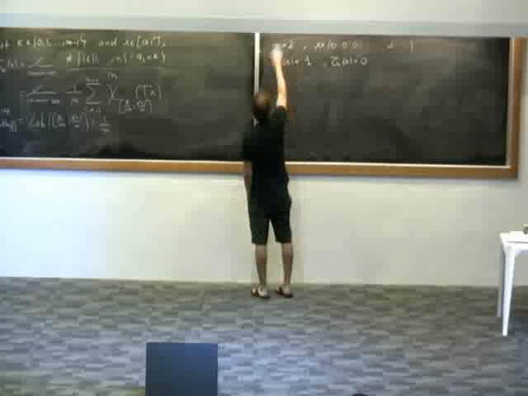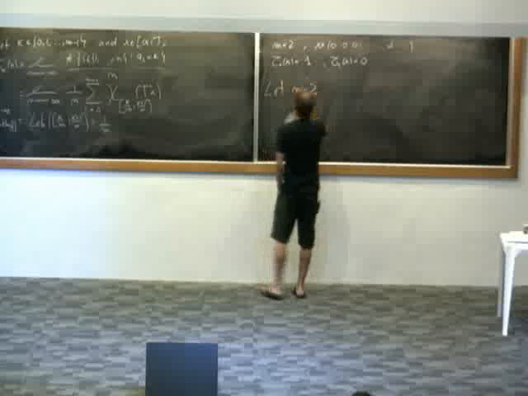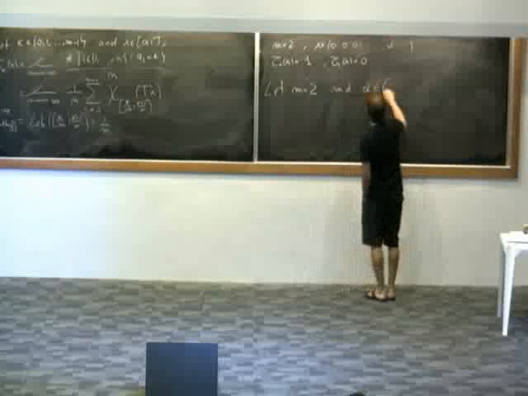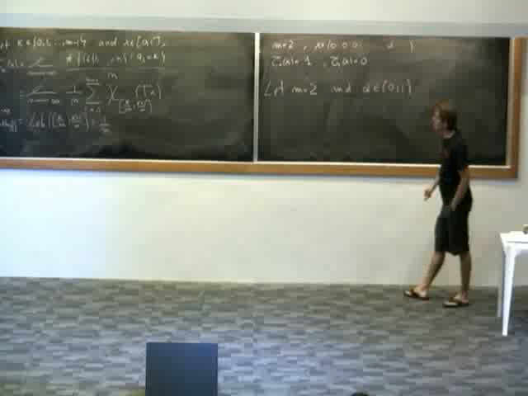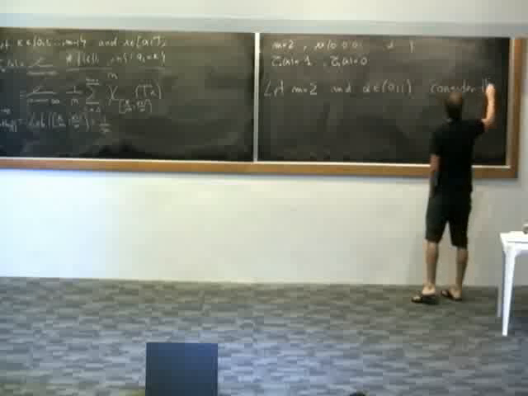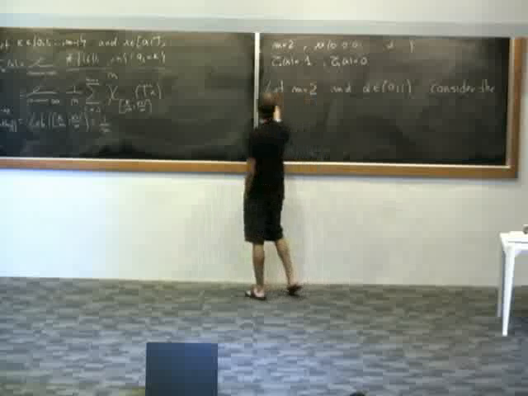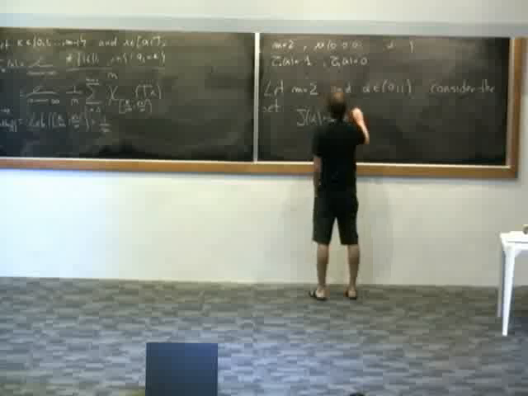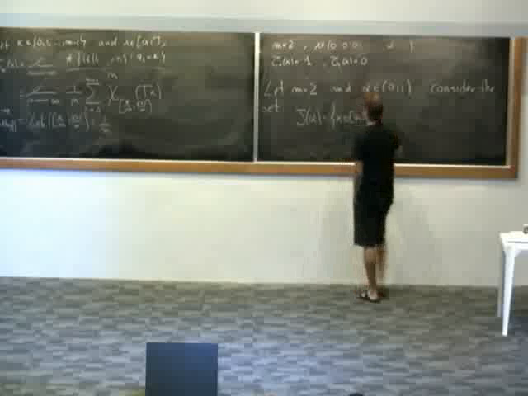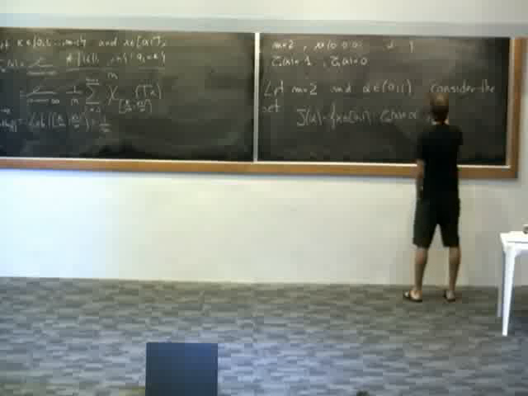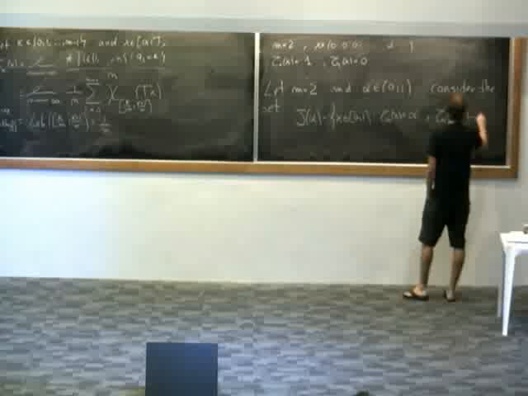From now on, let m be equal to 2, and alpha a number between 0 and 1. Consider the set J_alpha of all points in [0,1] for which the frequency of 0 is equal to alpha, and the frequency of 1 is equal to 1 minus alpha.